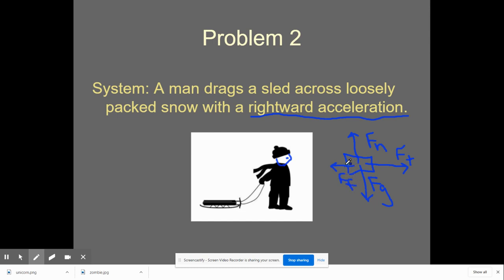I don't want that to be as long as this direction, because I know the sled has a net force, and that net force must be to the right because it says it's accelerating to the right. So I think it's going to end up something like that. All right, so I think that's where we'll be.